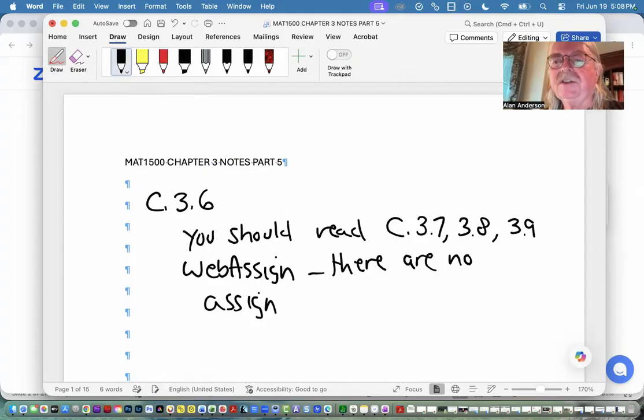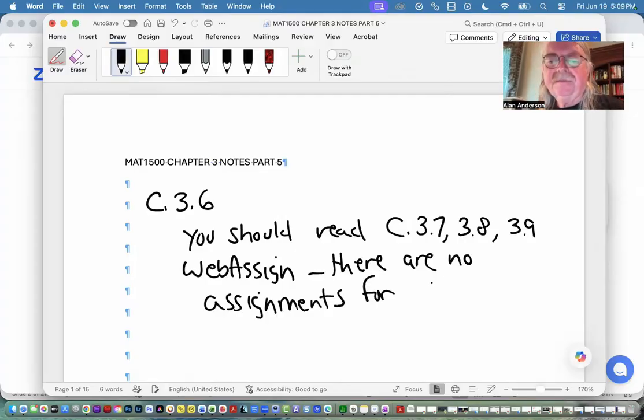When we're done with this section, we really want to get into integration, which is chapter four, which is much, much more important. So if you're interested, you can look through those slides, but there are no assignments for these three sections anyway, and they're not going to be on the tests.